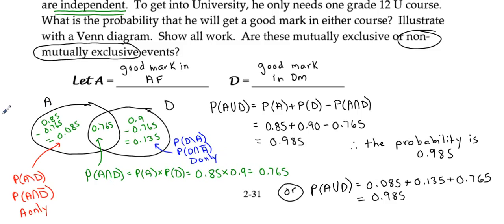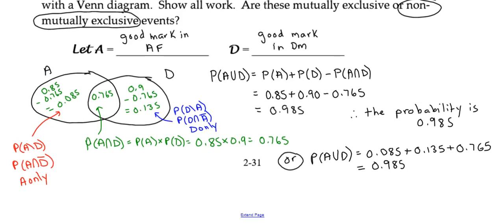So just a little bit of labeling for you. So this here is the probability of A but not D. This is the probability of D but not A. And this is the probability of both.